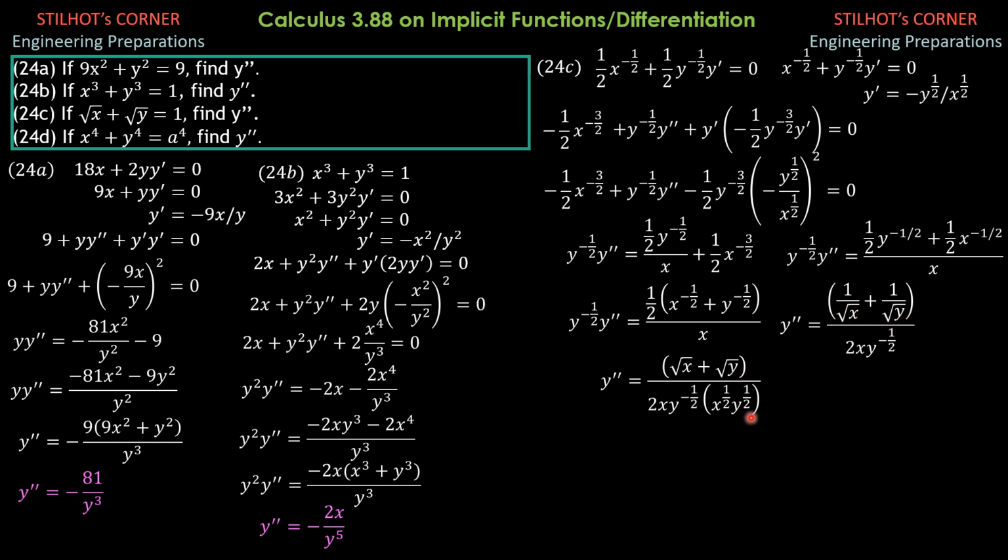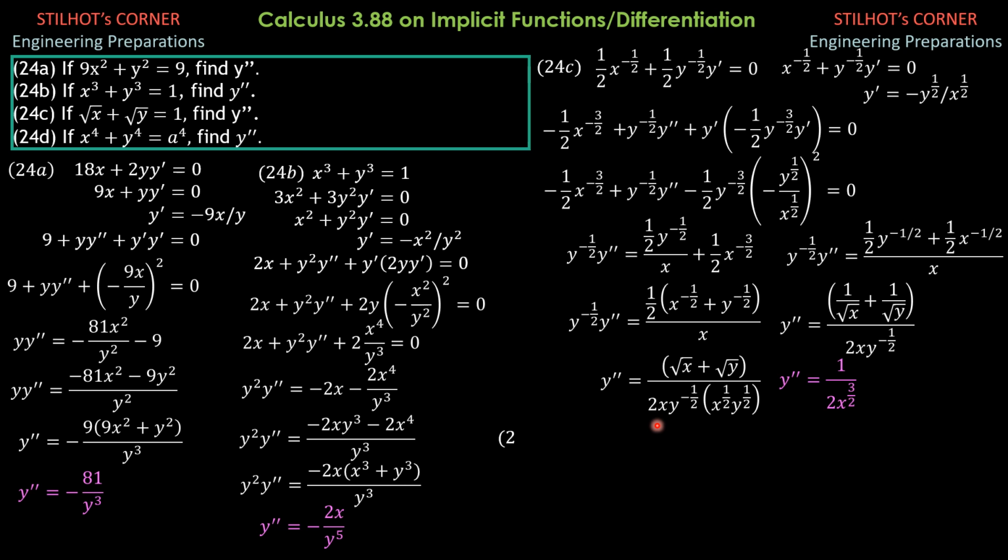Then y to the 1/2 times y to the negative 1/2 is 1. And the denominator is 2x times x to the 1/2, that's 2x to the 3/2. The numerator is 1 because square root of x plus square root of y is 1. So finally, y double prime is 1 over 2x to the 3/2.